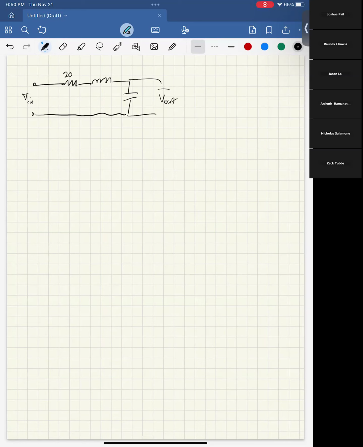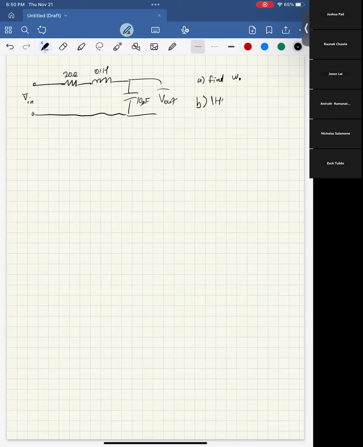This is 20 ohms, this is 0.1 henries, and this is 10 microfarads.